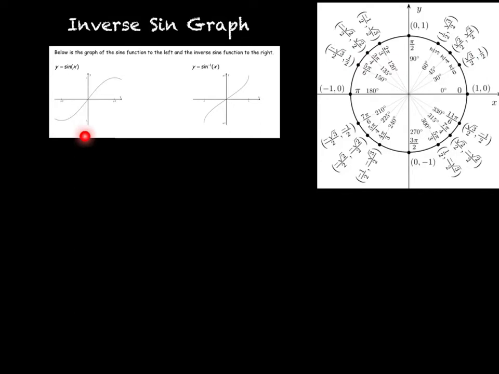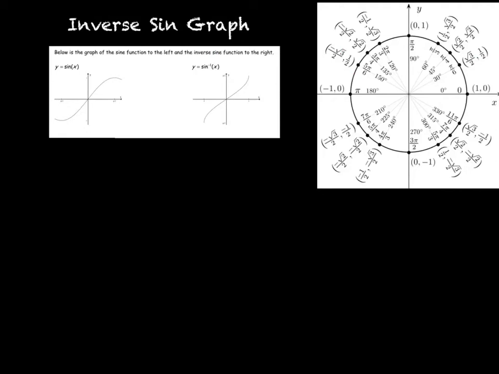And once again, the reason why we cut it off is if we continued to draw this out, and you turned it on its side and drew the inverse, then notice what you would get. You would get a graph that is not a function because it would not pass the vertical line test. So in order to avoid all of that, we just cut off the sine graph, and that way the inverse sine will be a function.